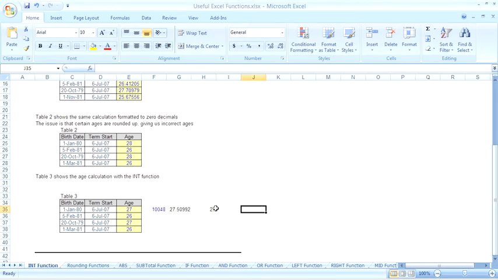And that gives me the 27. So these component parts that I just typed in, subtracting today's date from the birth date, taking that number and dividing it by 365.25, and then wrapping that formula into an int function, are all being done at the same time in this particular cell. I'm subtracting the date from the birthday, dividing that by 365.25, and then wrapping that answer into the int function.